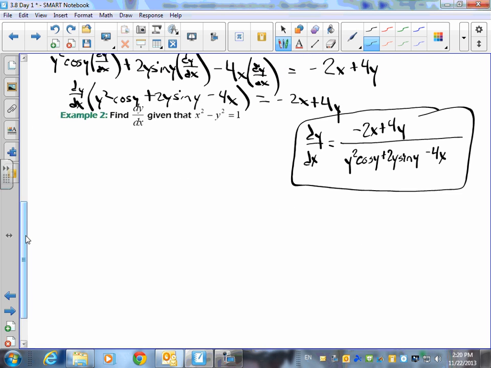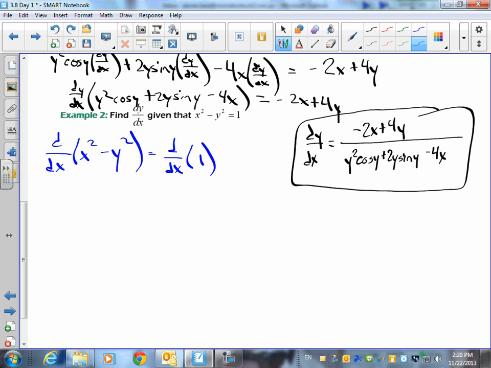So let's take example 2, implicit differentiation. We're going to differentiate both sides with respect to x. First step is just going to be notational for me. I think it's important to write that operator, though.